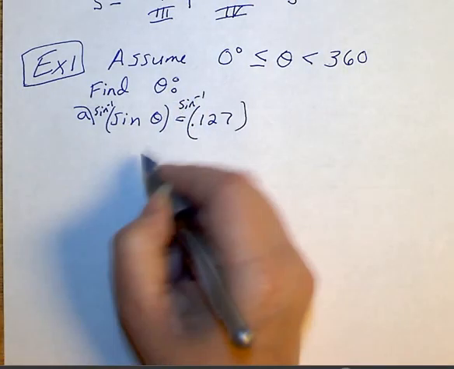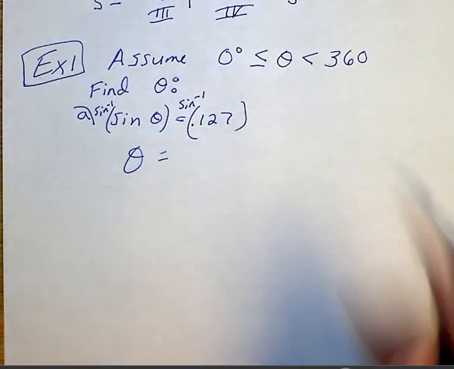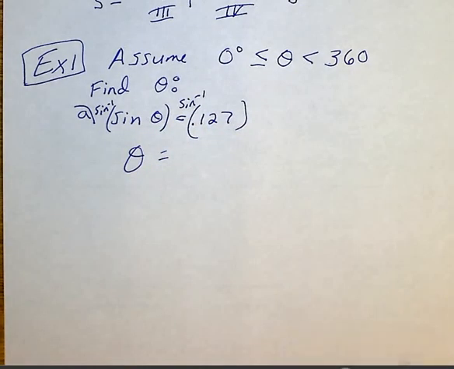So in your calculators, type in sine inverse of 0.127. So theta is 7.